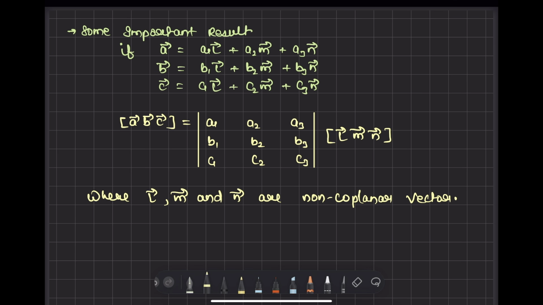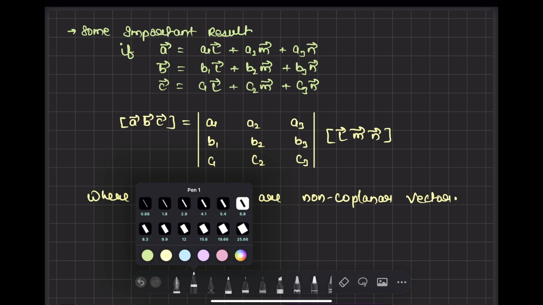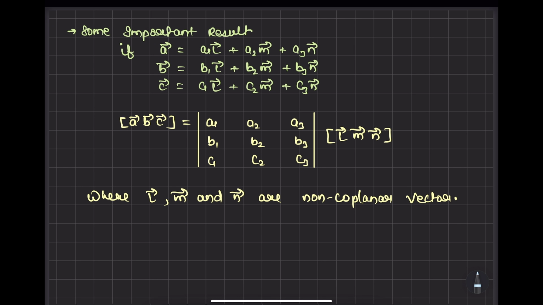Now look at this. Sometimes, if you need to find the scalar triple product, we are comfortable with the determinant method. If it is not applicable, we go with the orthodox one, a dot b cross c or a cross b dot c.